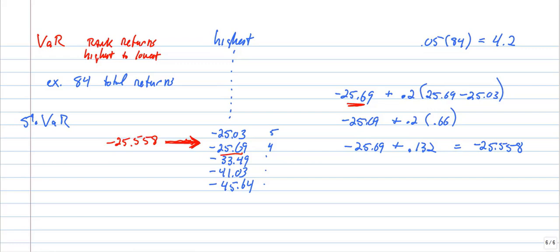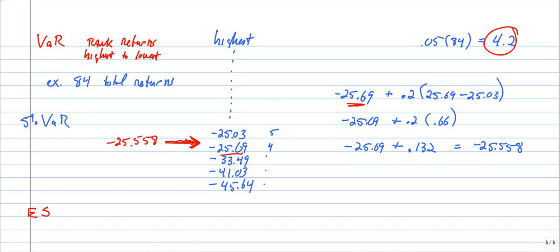Now the expected shortfall is a little bit different. In fact, it's more of a pessimistic view, and we'll see why in just a minute. But let's look at the expected shortfall. What we're going to do, again, with the same example, we need position 4.2.